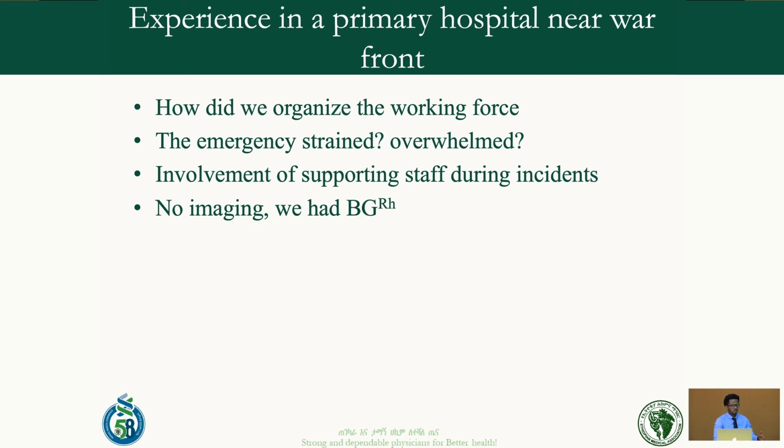So the cycle was built like this, and the nursing team and the other staff organized themselves this way, and we tried to settle a very chaotic emergency environment by organizing a group like this.